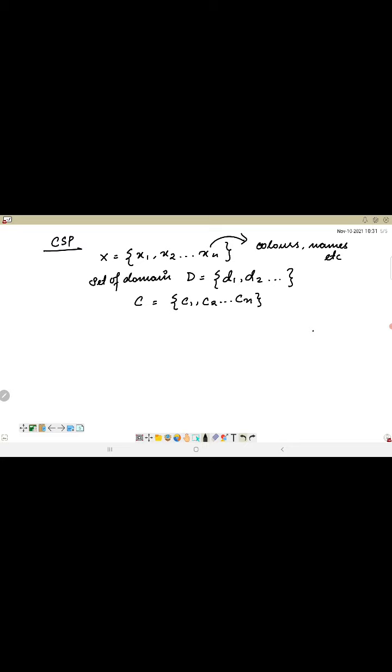So these are the three parameters associated with a CSP: variables, domains, and constraints.